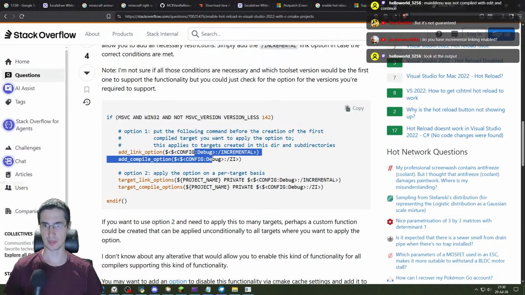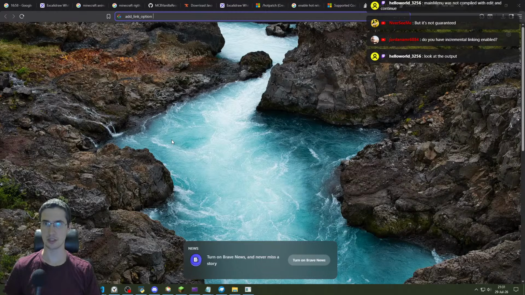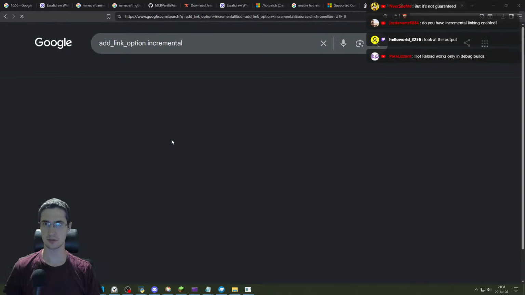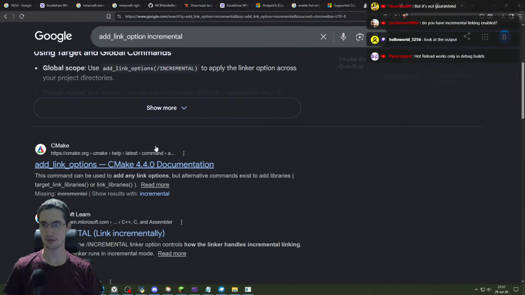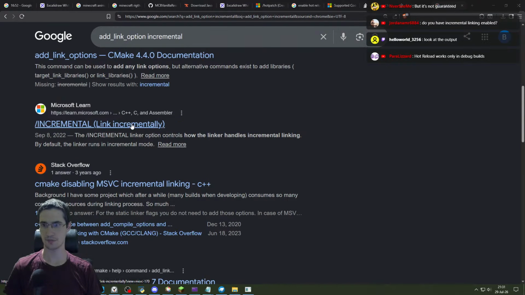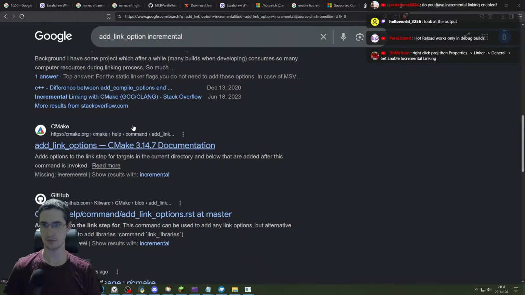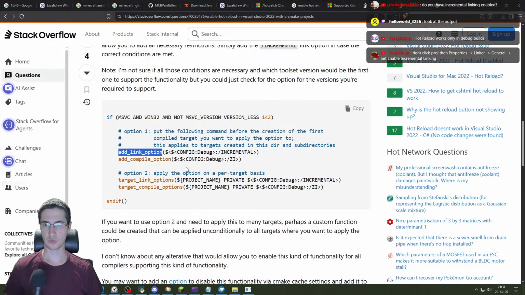And this is in debug mode. Okay, add link option, incremental. This. And I want it to be in for release mode.